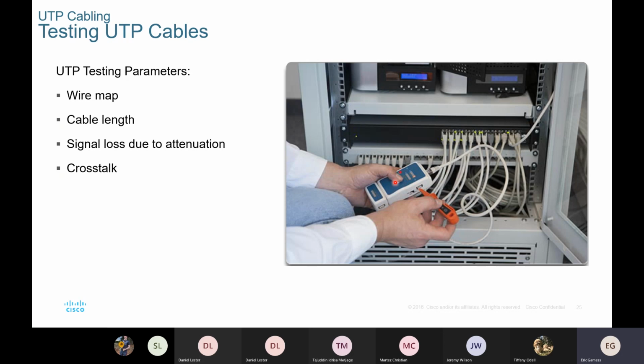So it cannot be more than 100 meters. This tester will also give you information of the signal loss due to attenuation. So remember, the longer the cable, the more signal loss I will have. And it will also give you information about crosstalk.